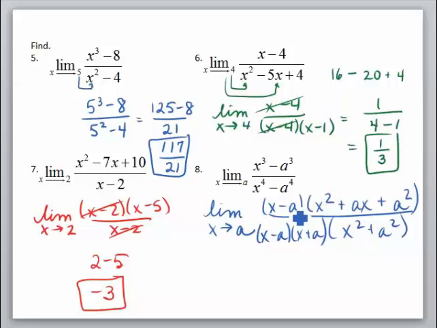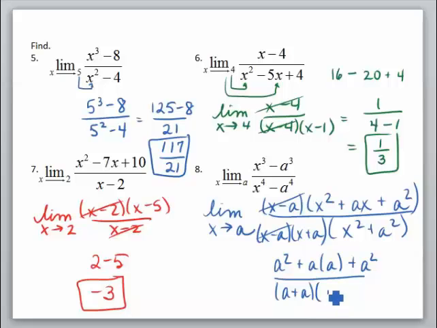Now looking at it, I can cancel. And on top, when I plug in a, I get a squared plus a times a plus a squared over a plus a times a squared plus a squared.